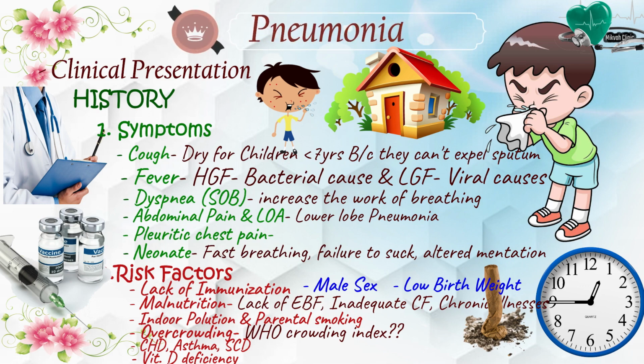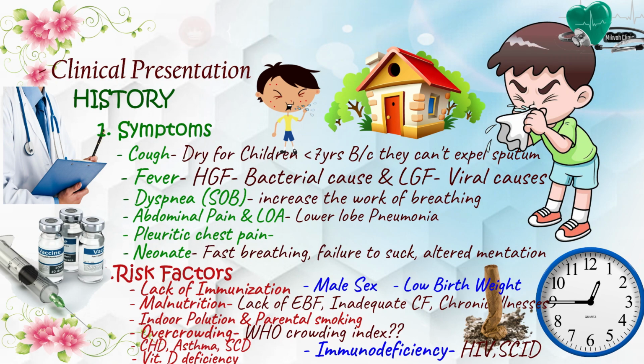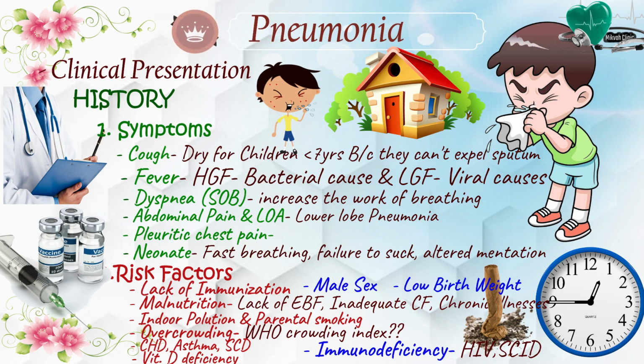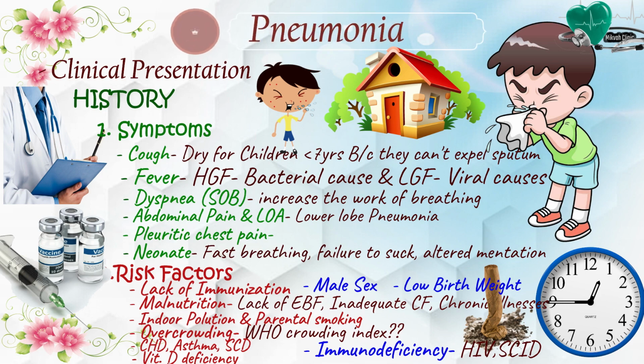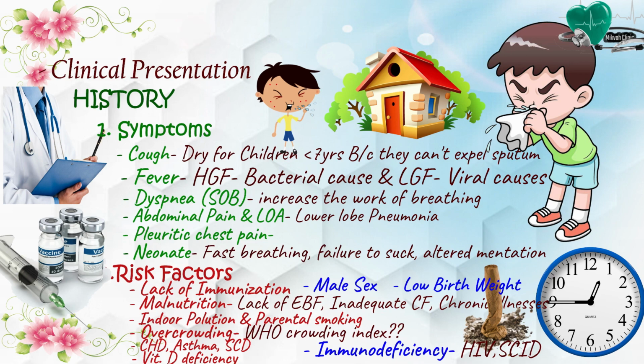The other risk factor is immunodeficiency. Anything which can cause immunodeficiency predisposes to infection, because as I have mentioned earlier, the protective mechanism is associated with those immunities: the production of immunoglobulins and the production of alveolar macrophages.